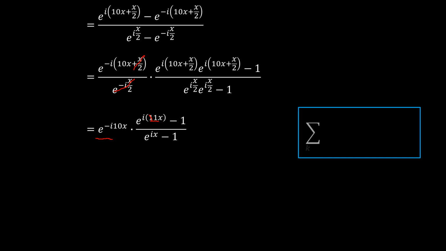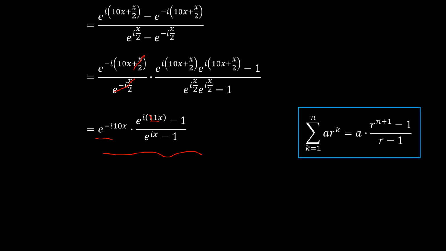If we look at the geometric progression, a summation of this geometric series r to the power k, where k starts from 0 to n, for r not equal to 1, we have r to the power n plus 1 minus 1 over r minus 1. And that is exactly what we have here, right?